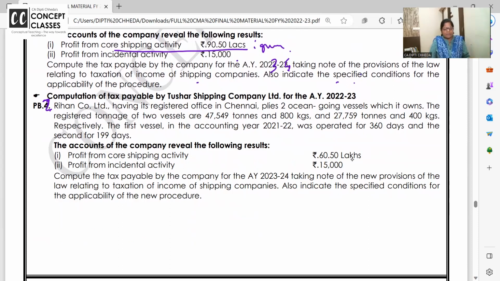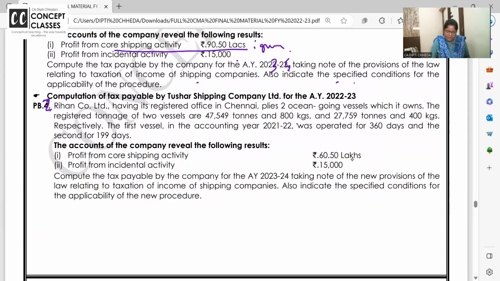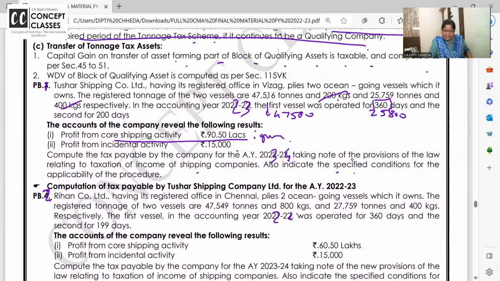Rehan Company Limited, having its registered office in Chennai. Okay, it has 2 ships and the registered tonnage of the 2 vessels is given to you. Okay, now the first vessel in the accounting year has operated for 360 days and the second for 199 days.